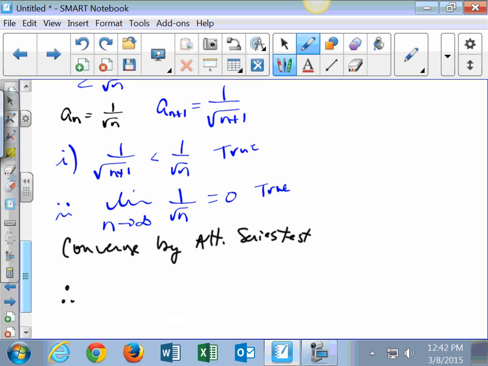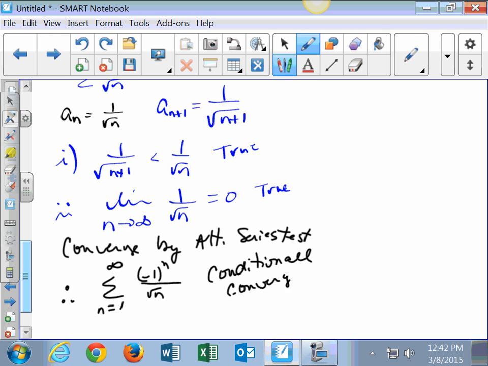So we could say, therefore, my series from 1 to infinity of negative 1 to the nth, all over square root of n, conditionally converges.